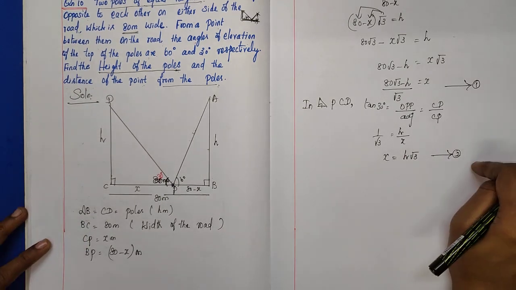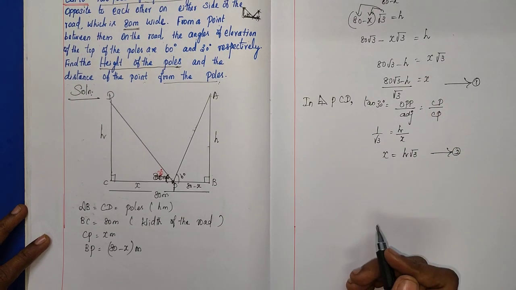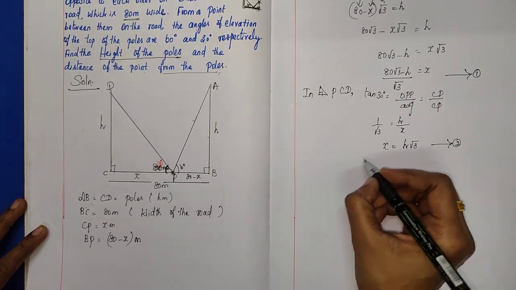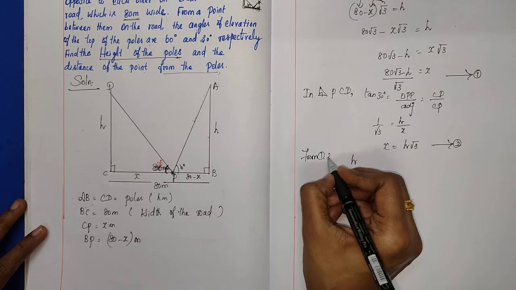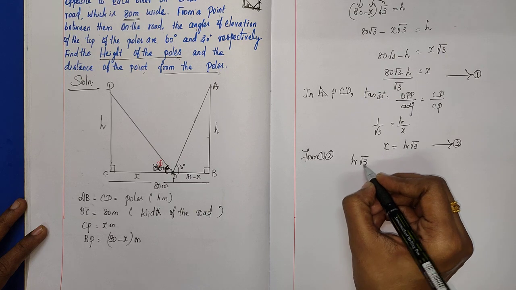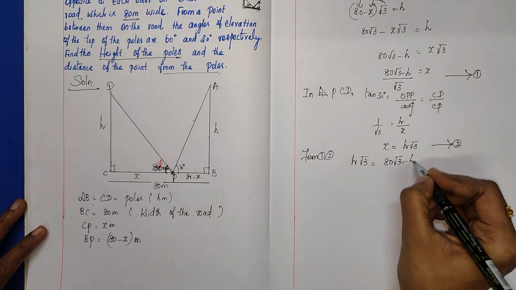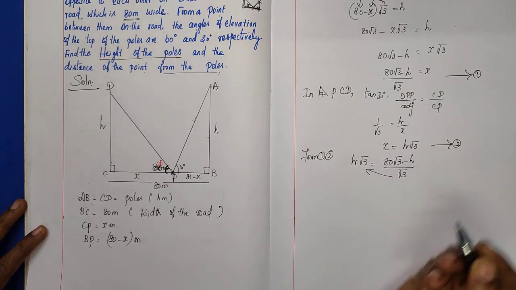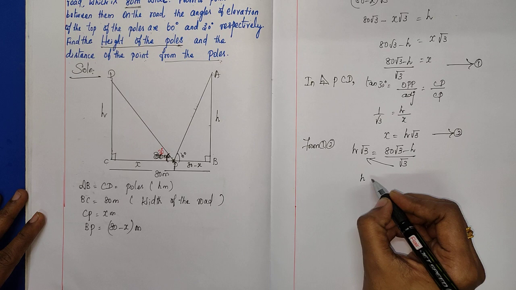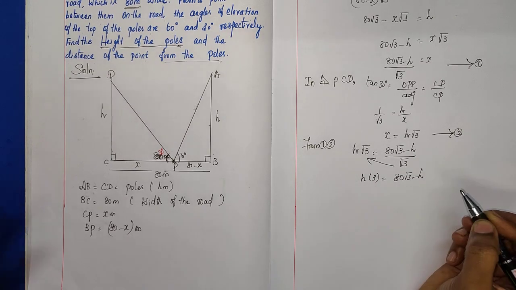So comparing 1 and 2, here also x, here also x. So equating the two equations, from 1 and 2, h root 3 is equal to 80 root 3 minus h by root 3. And root 3 goes to left side. h into 3, 80 root 3 minus h.